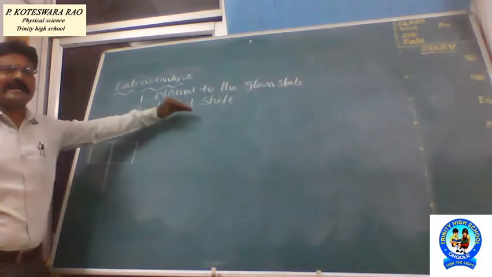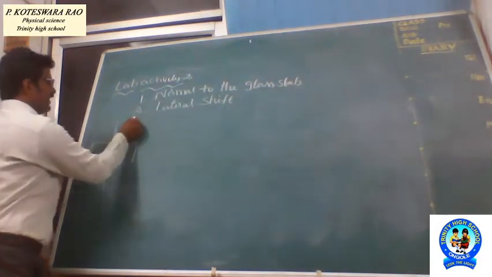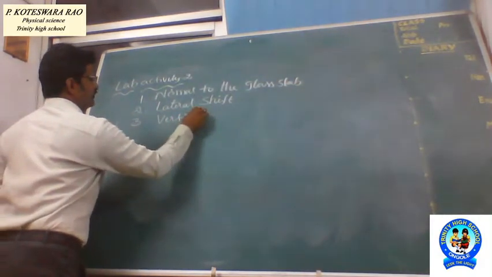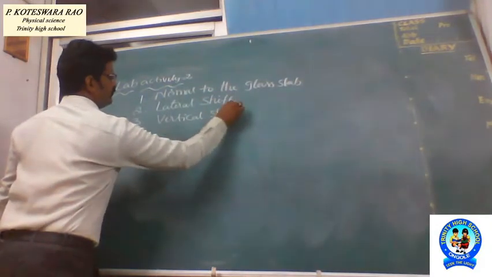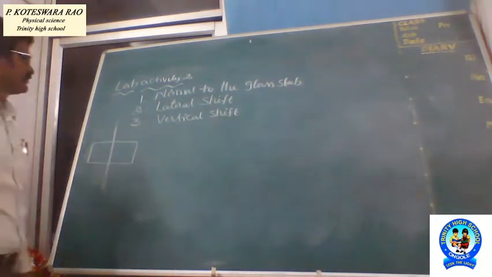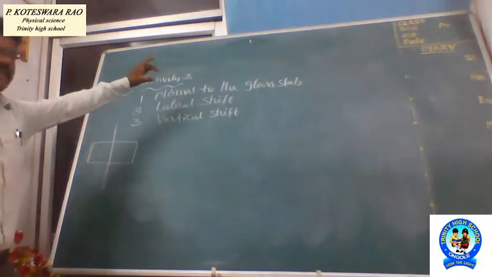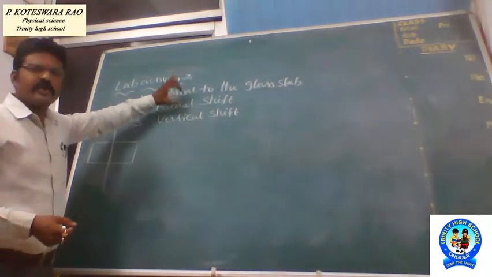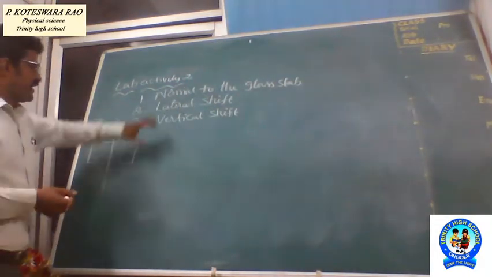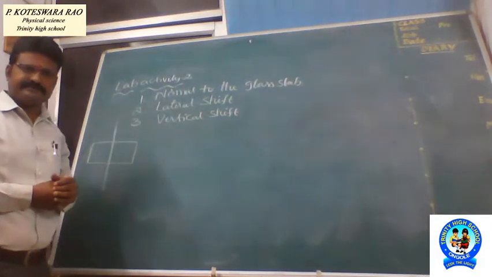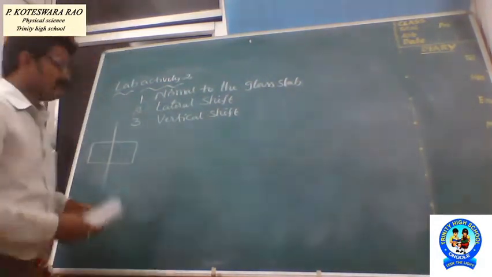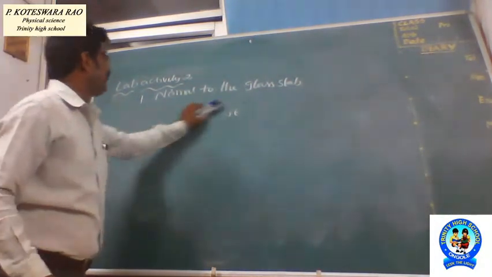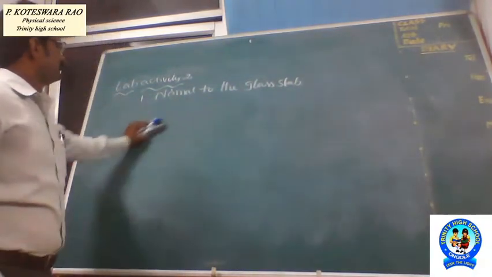And next one, how do you find vertical shift? So let us explain one by one. What is our first one? What happens when a light ray travels normal to the glass slab?